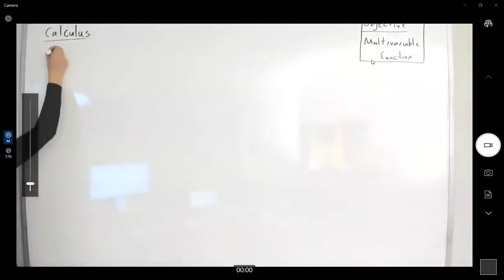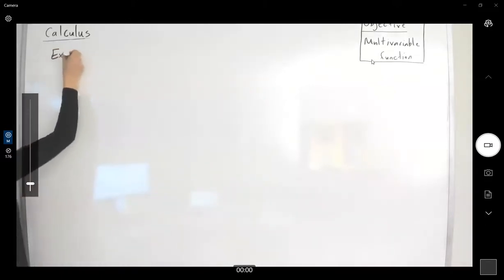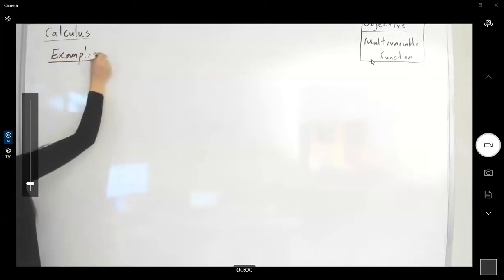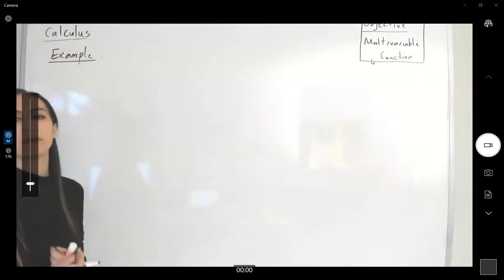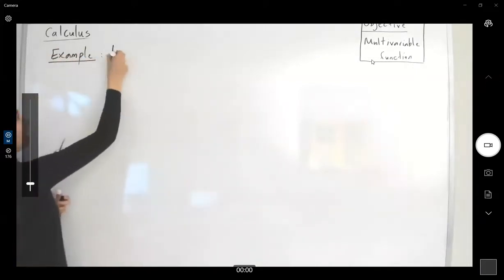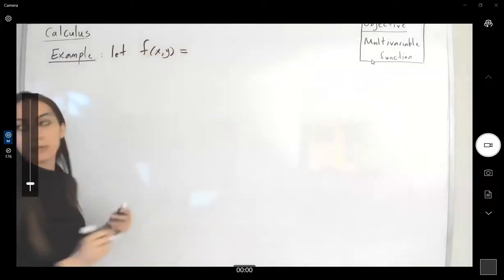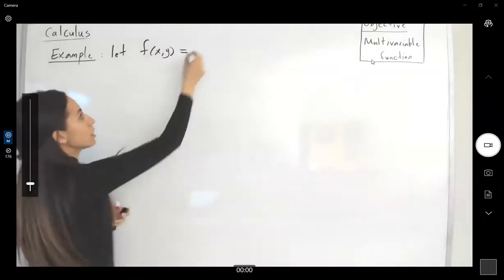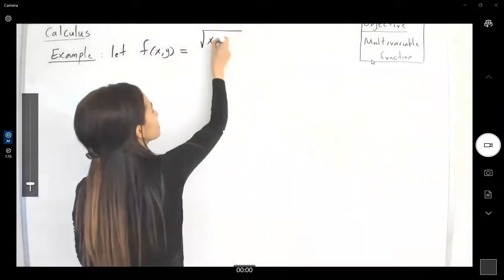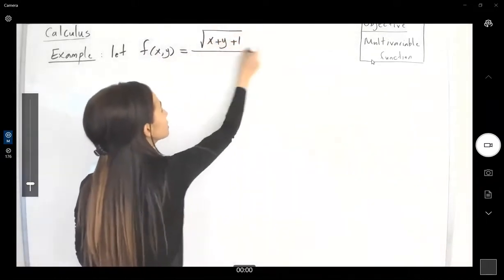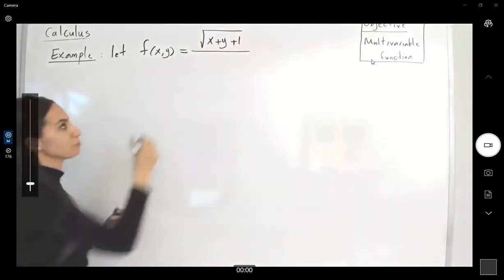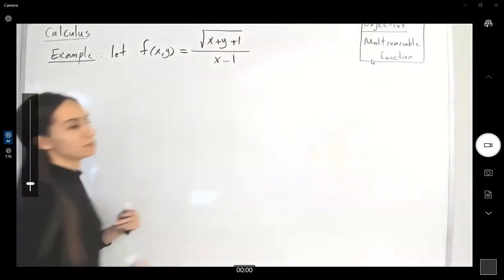Example. Suppose you have this multivariable function. Let f of x and y be equal to the square root of x plus y plus 1, divided by x minus 1.